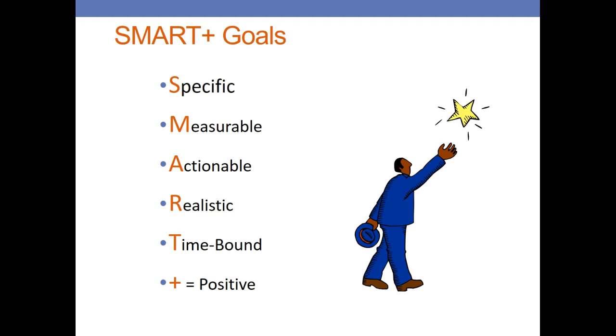SMART Plus goals are specific, measurable, actionable, realistic, time-bound, and positive. If you utilize this acronym, you're going to help your clients to set particular behavioral goals that are most likely to help them achieve those long-term outcomes they are aiming for.